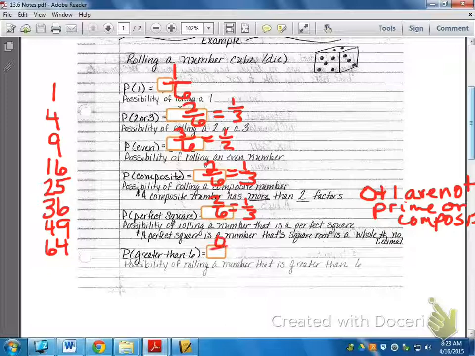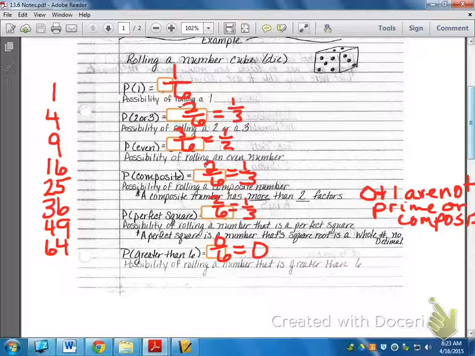So 0 out of 6. Don't leave it like that, because 0 divided by anything is 0, so you have a probability of 0 of getting something greater than 6. Greater than 6 does not include 6, by the way. So when they say less than a number, it doesn't include that number. Or greater than a number, it doesn't include that number, unless they say equals.